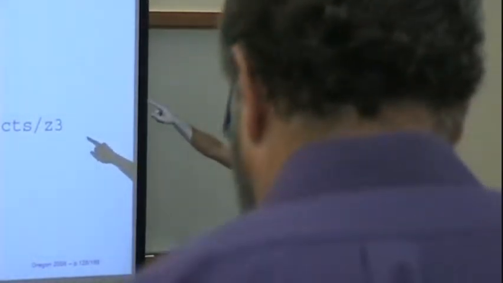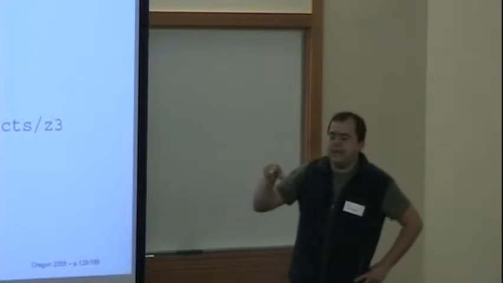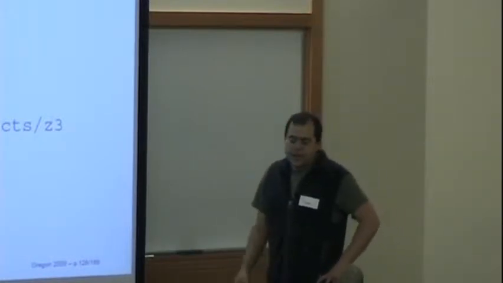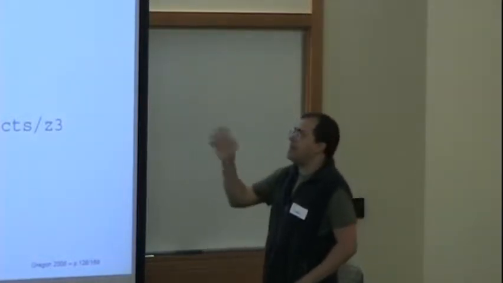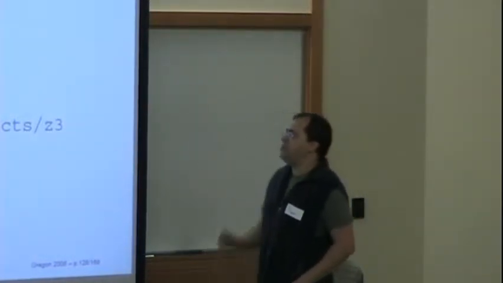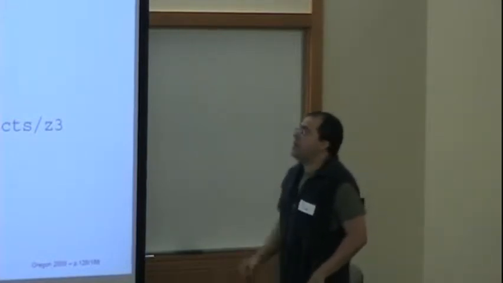You can access Z3 using textual inputs. You can write formulas using SMT-LIB format. You can use the Simplify input format. So if you are using Simplify, you can automatically replace it by Z3 without changing anything. And Z3 also supports APIs.